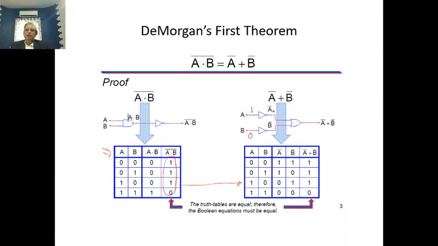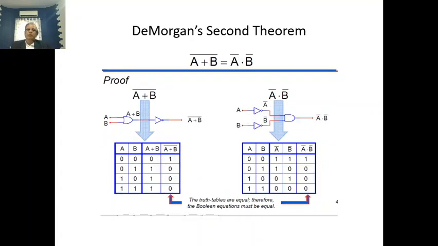Inverting, this 1 becomes 0 and the 0 becomes 1. This is given to the OR gate, meaning if any one input is high, output remains high. For the AND gate, this is 1. Now see here, this is 1 and this is 1, meaning A dot B whole bar is equal to A bar plus B bar.